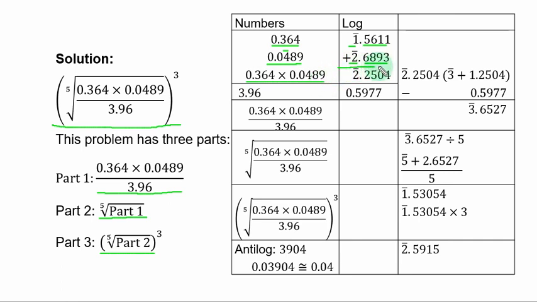The numerator is multiplication, which implies addition of log values. So you add together. 1 plus 3 is 4. 1 plus 9, 10. You put down 0, you carry 1. 6 plus 8 plus the 1 you carried forward is 15. Put down 5, carry 1. 5 plus 6 plus the 1 you carried forward is 12.